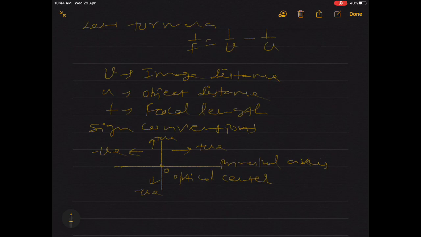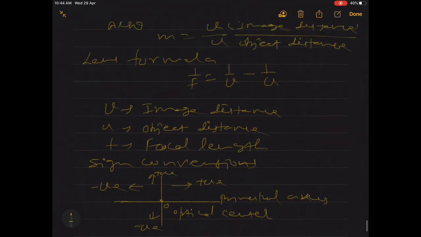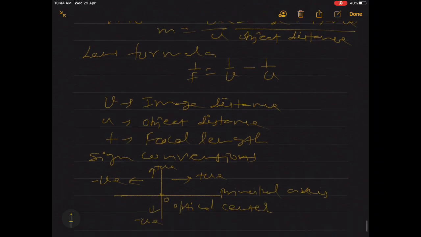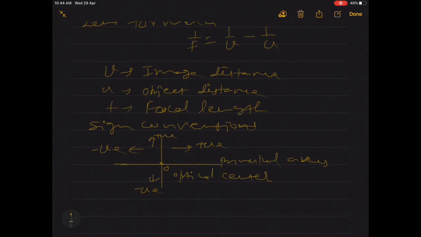If the image is formed on the left side, then image distance would be negative. If we are taking the object above the principal axis, its size would be positive. If the image is formed below the principal axis, its sign would be negative. So these are very important points to be remembered as far as the magnification and lens formula is concerned.